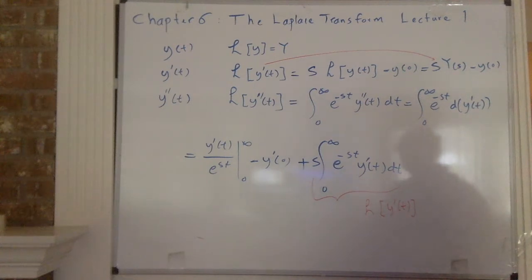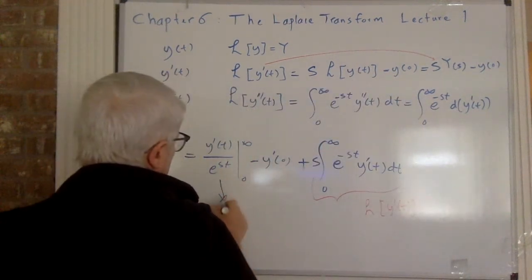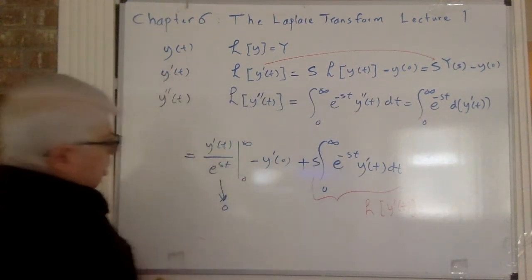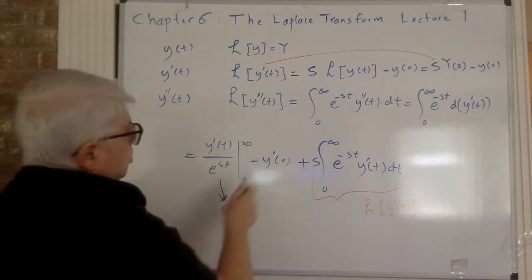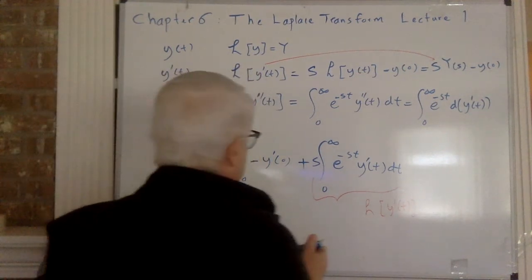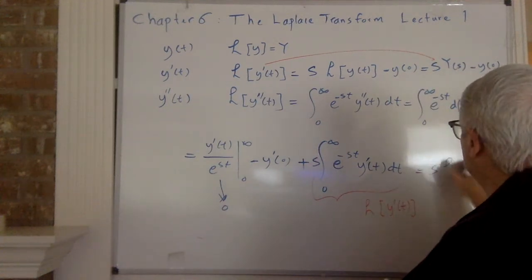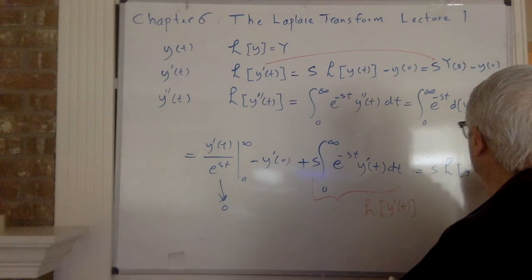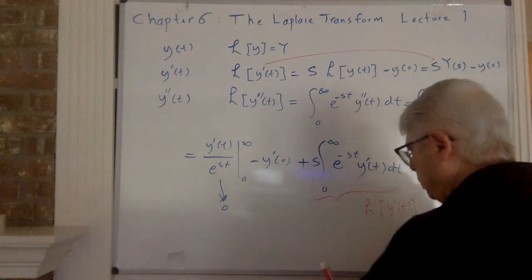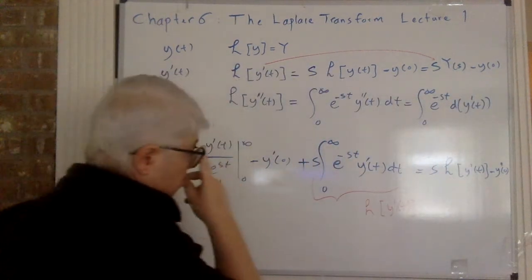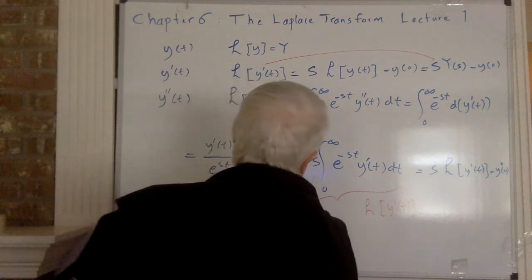So assuming that this goes to 0 again, assuming that this is a nice function divided by e^st, this is finite divided by infinite, that's 0. So I have this situation. So this is in fact s times the Laplace of y prime t minus y prime at 0. Okay? But I know this one, y prime t, so let's write it here.